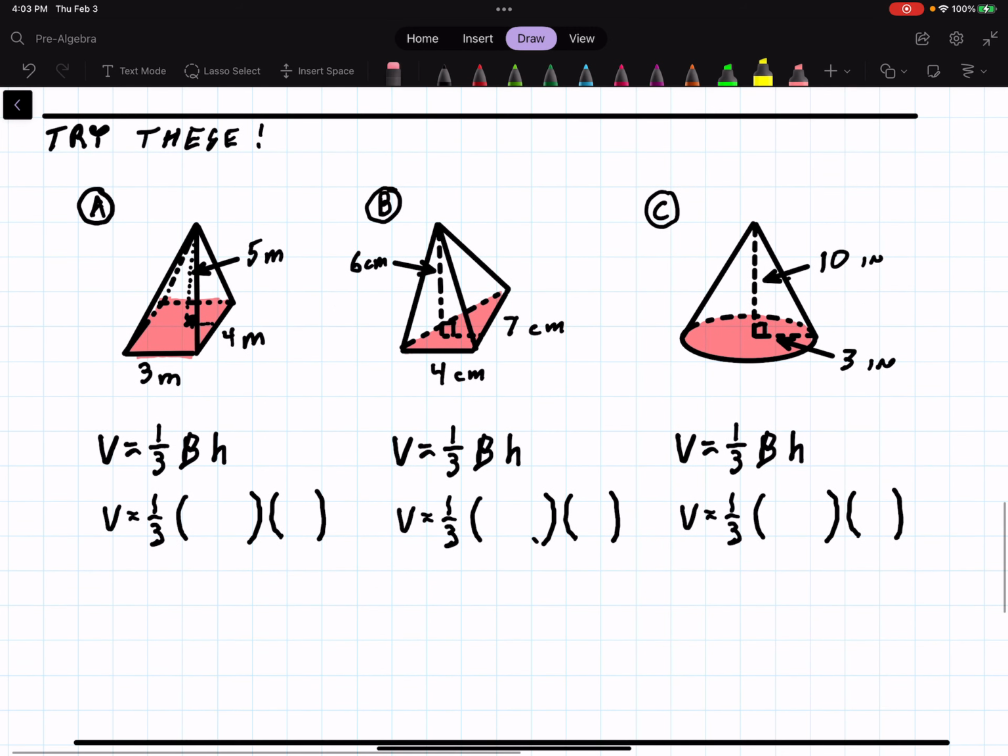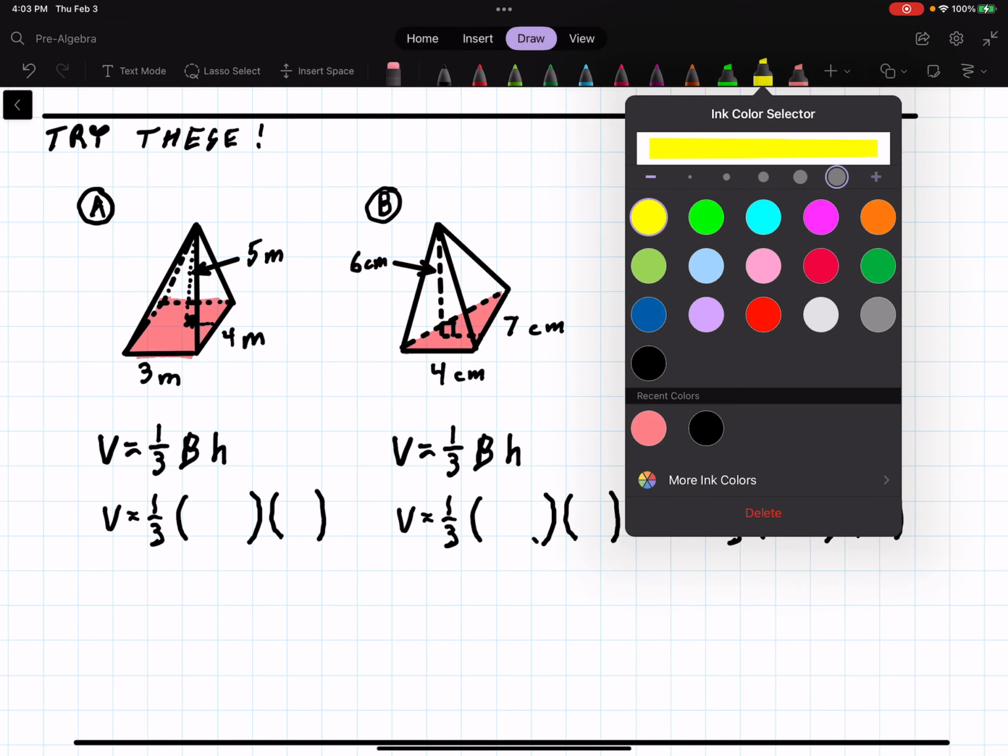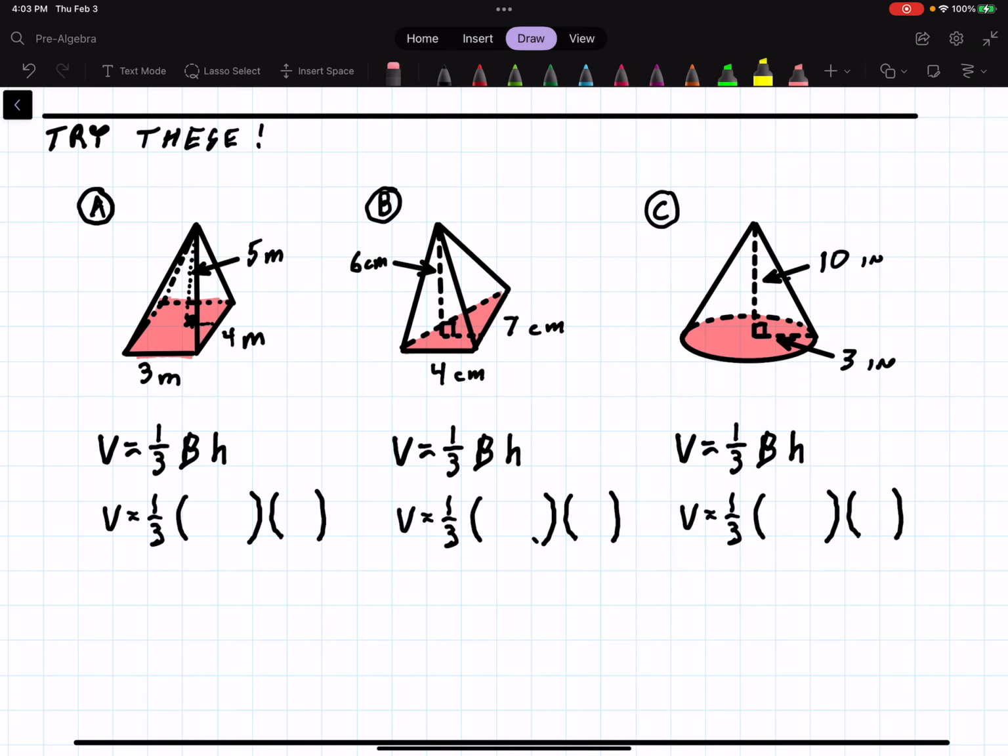All right, now we're just going to do 3 examples, and then we'll call it quits for the day. We have a rectangular base, and the volume equals 1/3 times B times height, where capital B is the area of my base. That's the same formula for all 3 of them. All I have to do is calculate the capital B value differently.